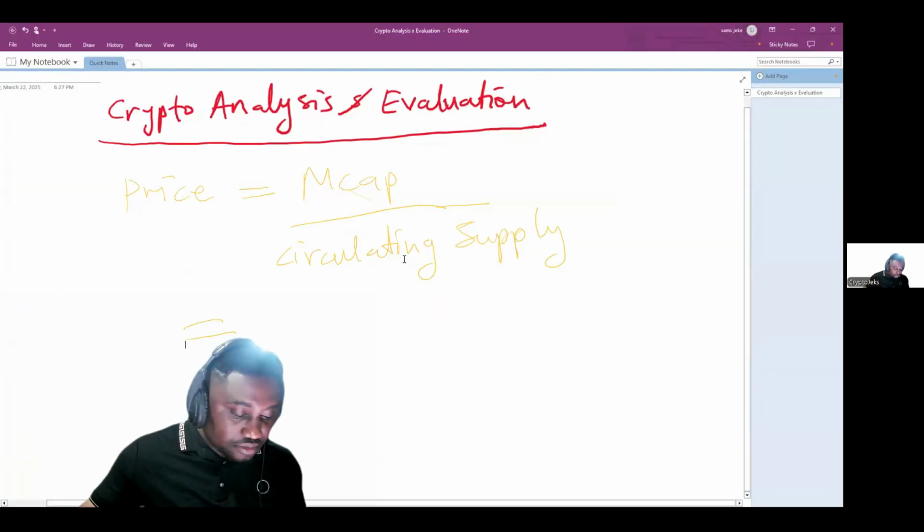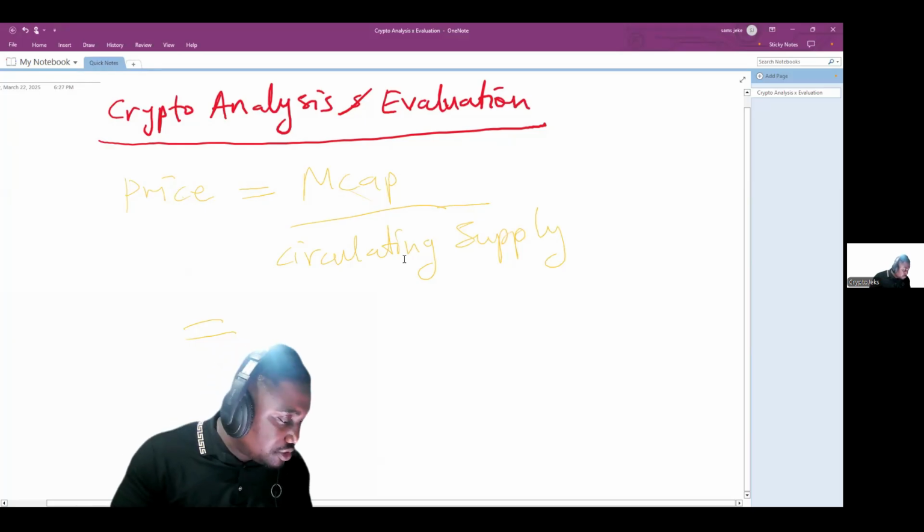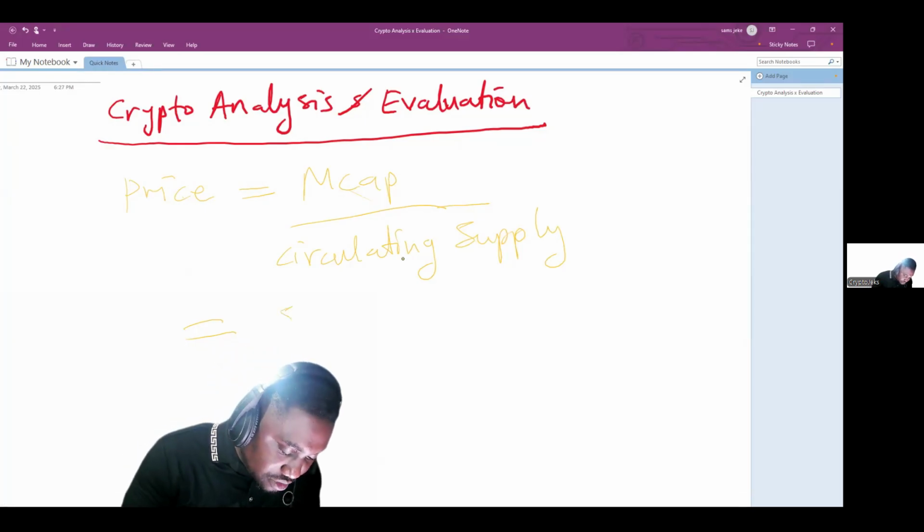So now the market cap, like we saw there, is 84.81 billion divided by the circulating supply, which is 142.47.